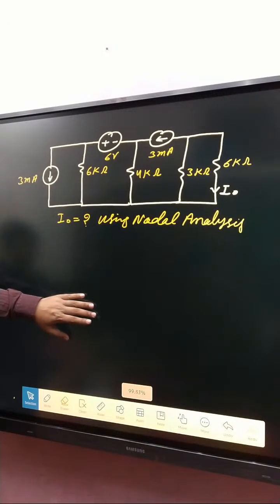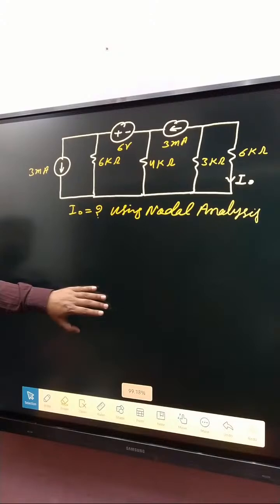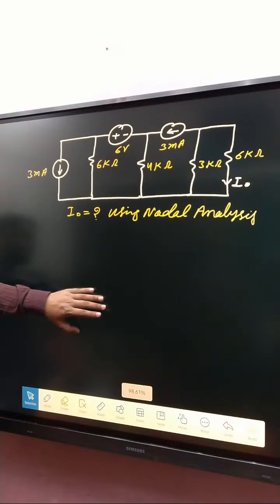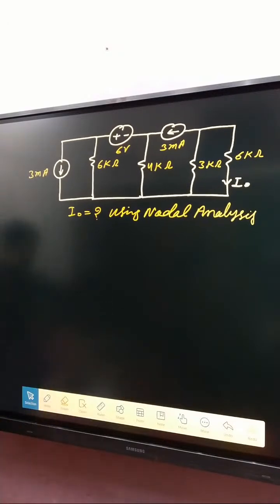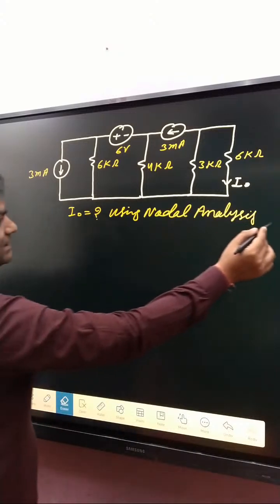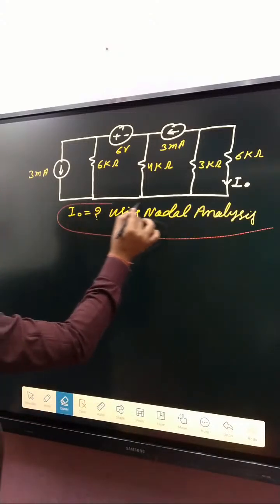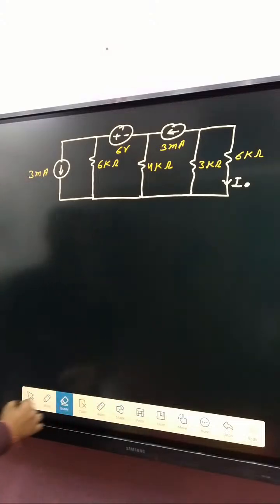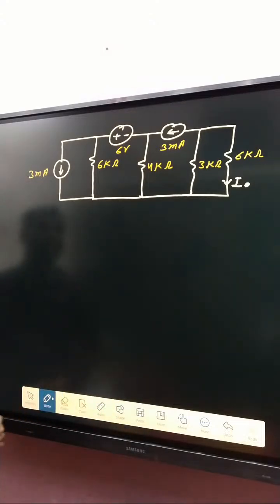All data is visible very clearly. So how can we do it using nodal analysis? What is our motto? Determine I naught using nodal analysis.